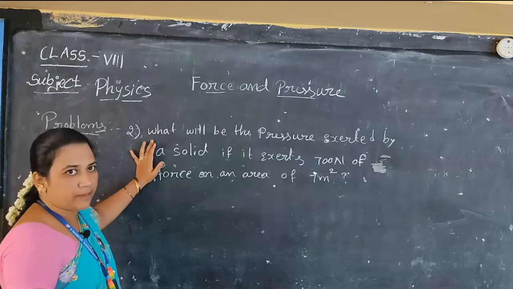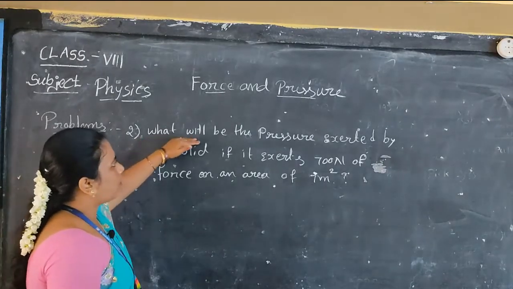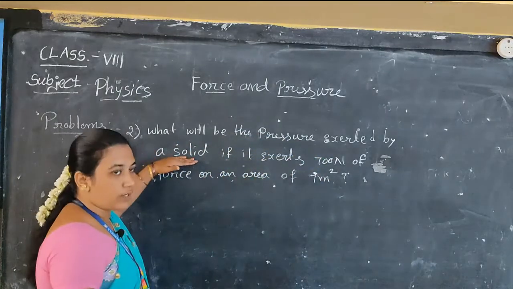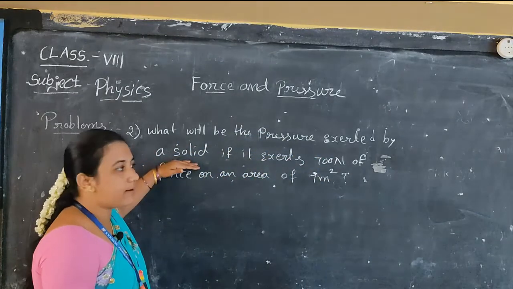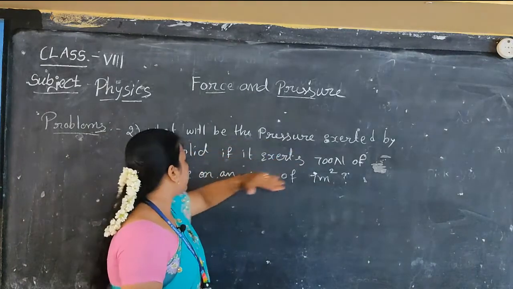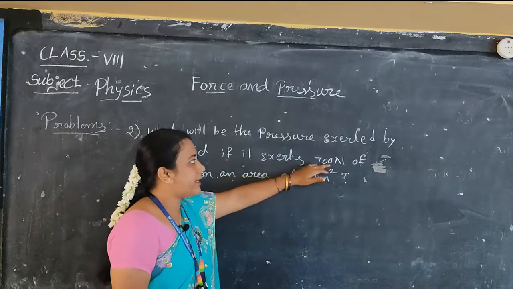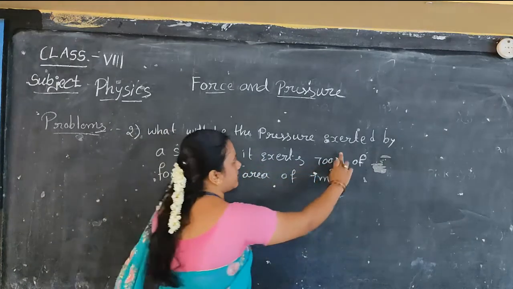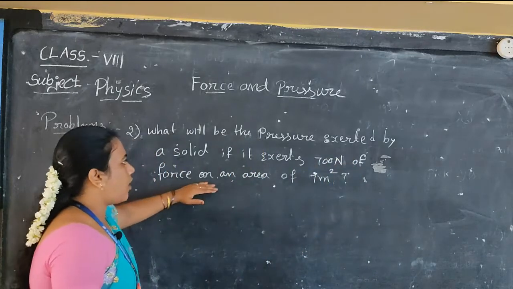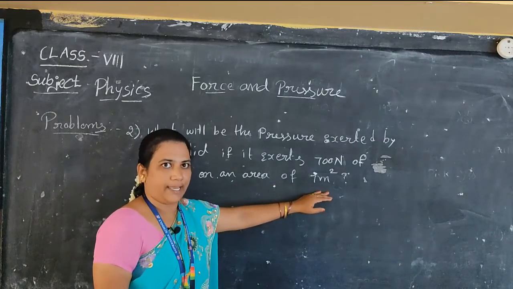Coming to the second problem, first read what is given here. What will be the pressure exerted by a solid? Here what do we want to calculate? Pressure. The pressure exerted by a solid, if it exerts 700 newtons of force on an area of 7 meters square.